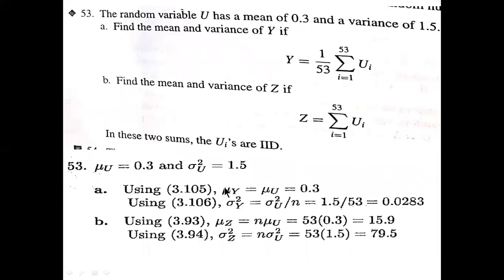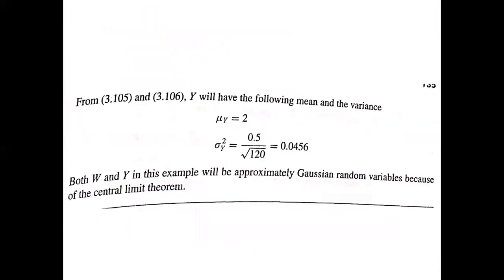For the average, mu y is equal to mu u, which is 0.3, whereas sigma y squared is equal to sigma u squared by n, that will give 1.5 by 53, which is equal to 0.0283.